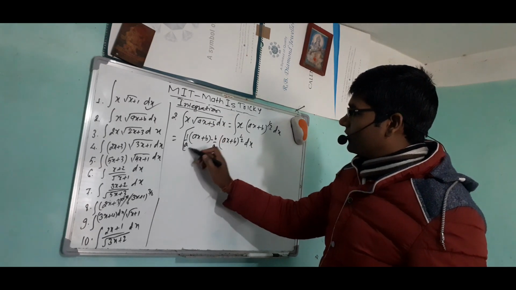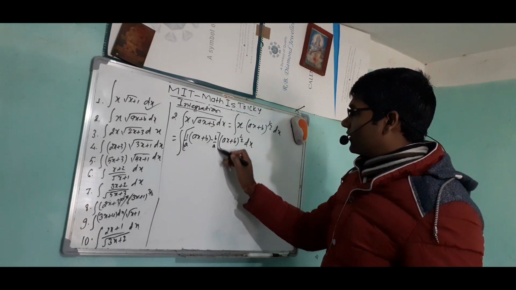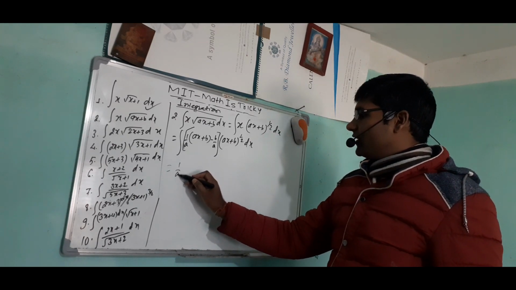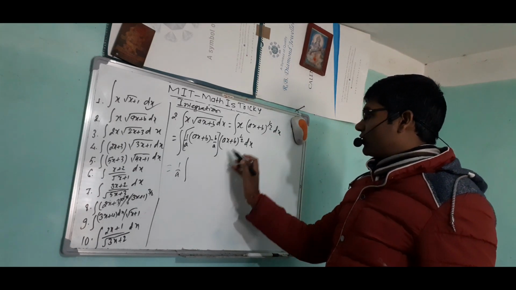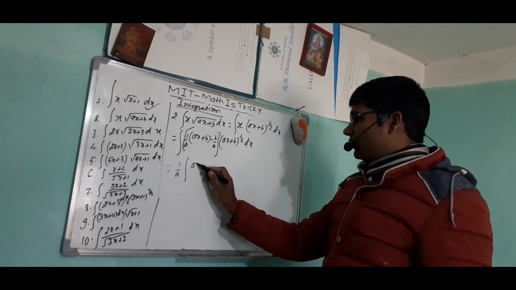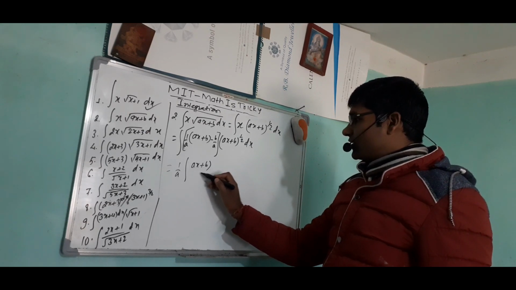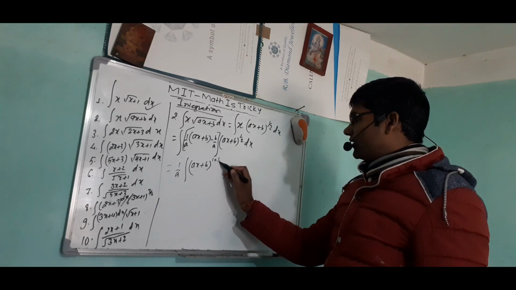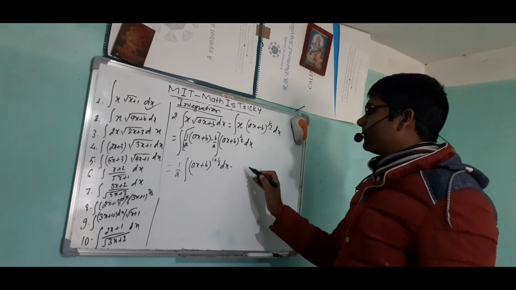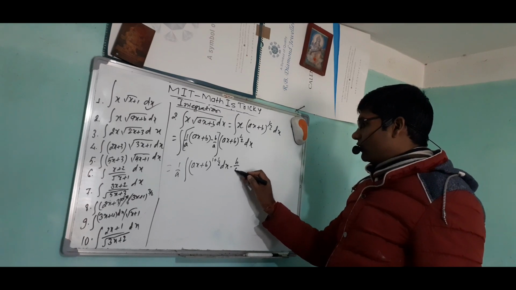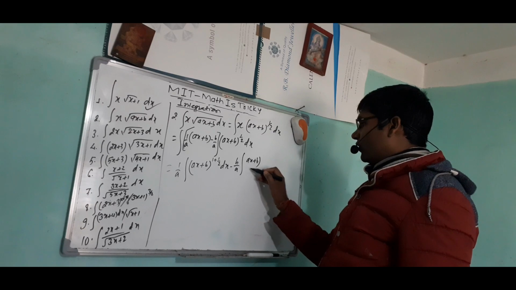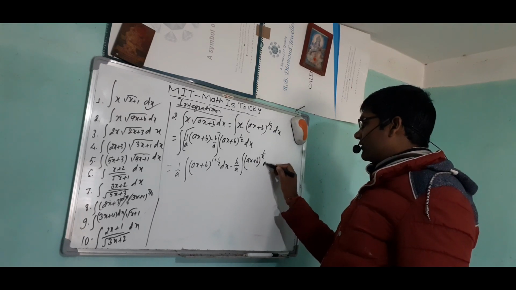Let's write in a big bracket. Now let's simplify. It is going to be 1 by a and 1 plus 1 by 2. So as before we can write ax plus b to the power 1 plus 1 by 2 dx. Now b by a will be outside, and again ax plus b whole power 1 by 2 dx.